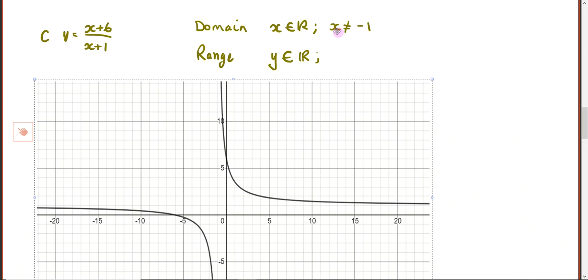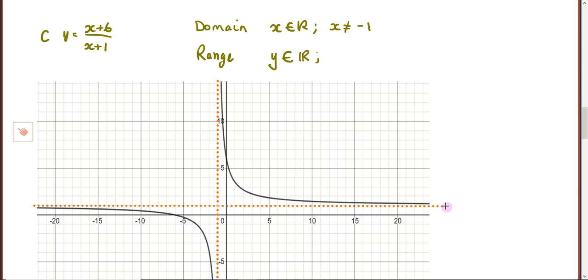So we already decided that x being -1 gives me this asymptote. We were happy, we're expecting that. But then we've got this one here that is y never going to equal 1, never crossing that line.